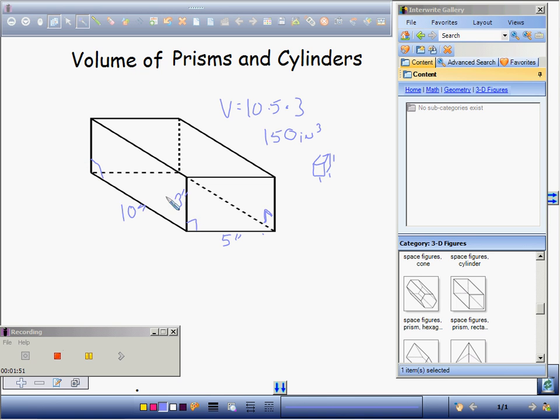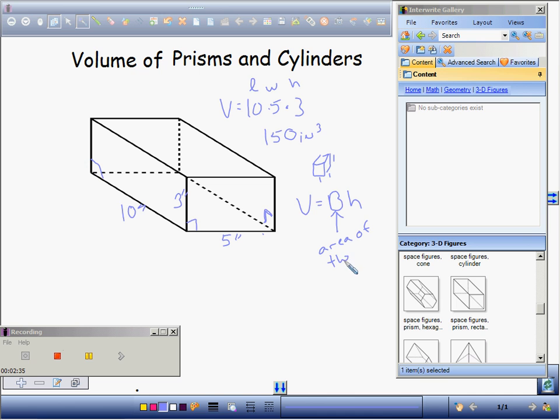Okay. Another way to find the volume of any prism is merely to calculate it by using this formula. You might think of it as length times width times height, right? But another way to calculate the volume of any prism, including ones that look like this, is by multiplying big B times H, where big B does not mean the length of something, but it means the area of the base.